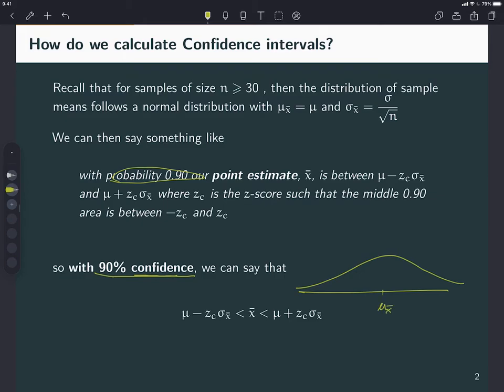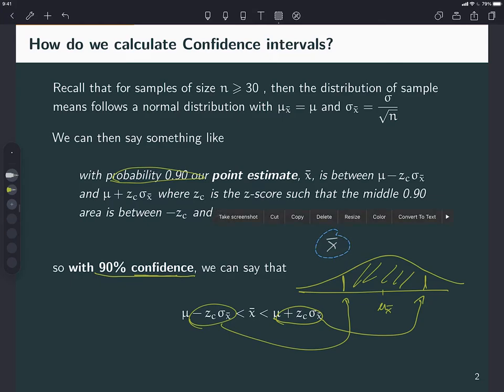So I have this value over here, I have this value over here, and I'm saying that with 90% confidence, my sample mean is going to land here. This sample mean is a value under this curve. There's a 10% chance that it falls over here, and a 90% chance that it lands in here. So that's how I interpret this statement.